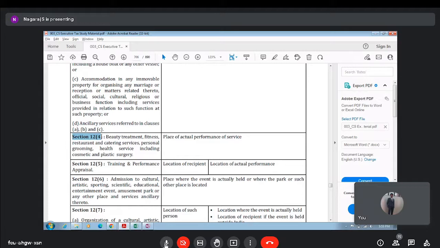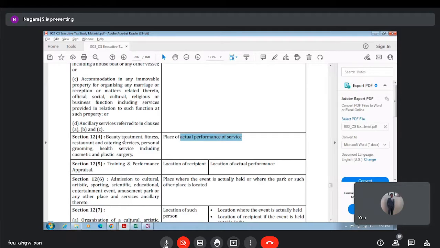Next, 12.4. Beauty treatment, fitness, restaurant and catering, personal grooming, health services including cosmetic and plastic surgery. The place of supply will be the actual performance of the service. Why actual performance? For all these things, the person who has to get it done should be present, right? Beauty treatment, can it be done over Wi-Fi?